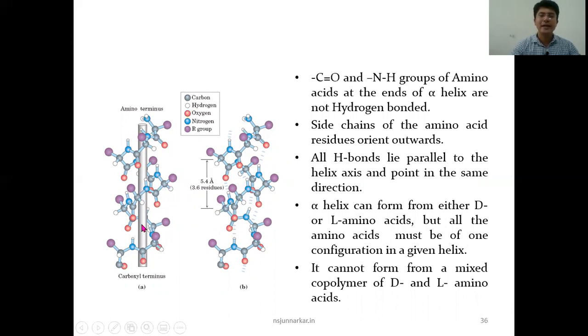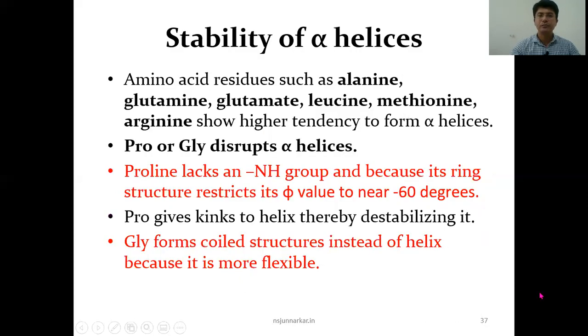So this is the axis, and almost all the hydrogen bonds lie parallel to the axis of the alpha helix. So alpha helix can form from either D or L amino acids, but a single alpha helix cannot have a mixture of D and L amino acids. So it cannot form from a mixed copolymer of D and L amino acids.